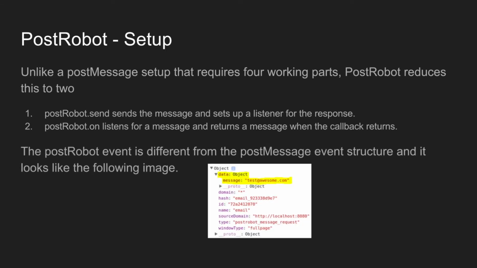So the PostRobot event is a little different from the post message event structure. It looks like the following. You'll see that the data is actually already an object, so we don't actually have to stringify or parse it. The rest of it is actually unique to the PostRobot library. It's close to the event that comes back on the post message, but not exact.